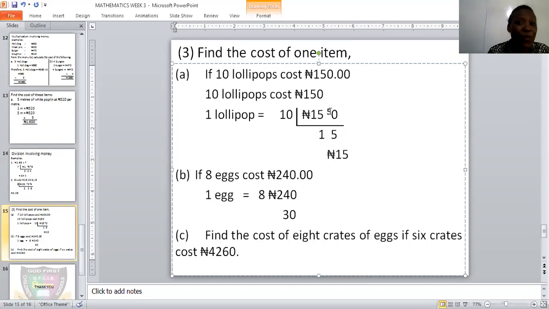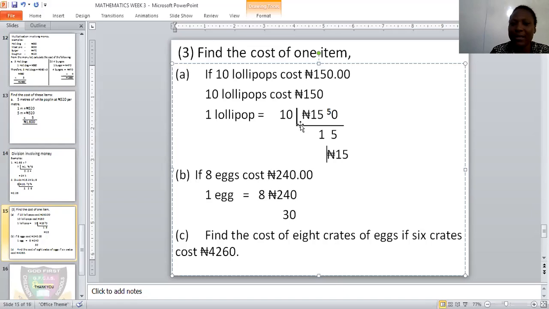If 8 eggs, you know, we have been solving this even for the first time in mental arithmetic. Instead of applying that method of cross multiplication, is this not simpler? Good. Now, if 8 eggs cost 240 naira, how much will 1 egg cost?